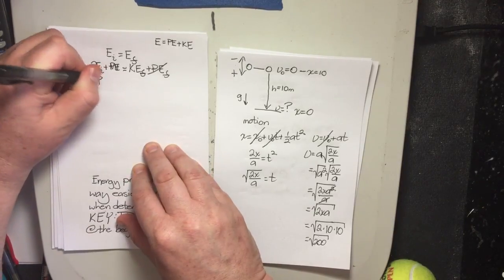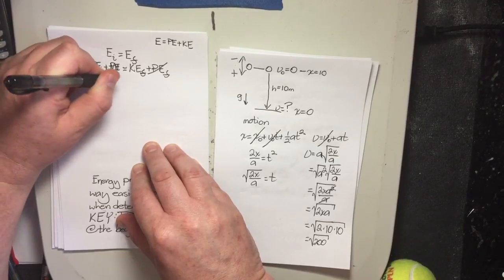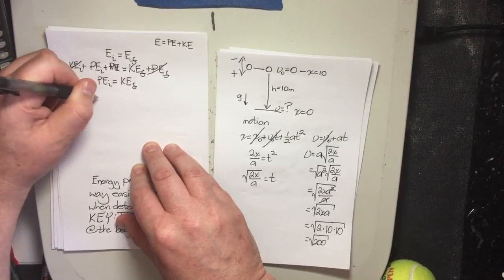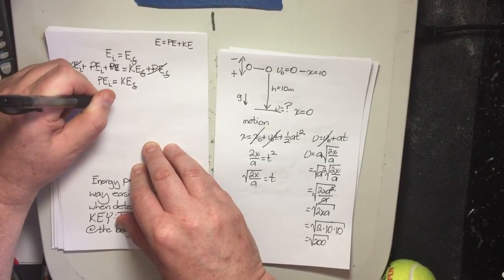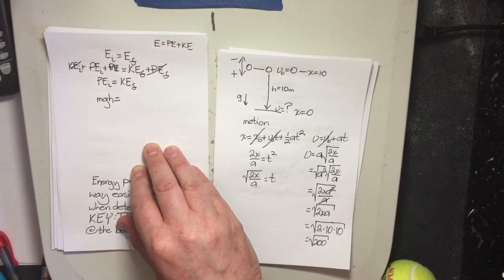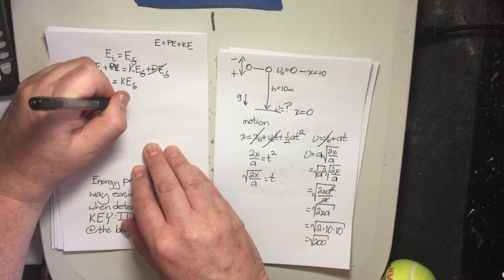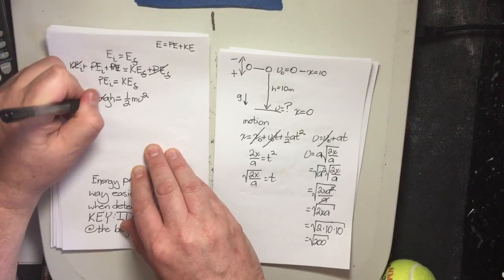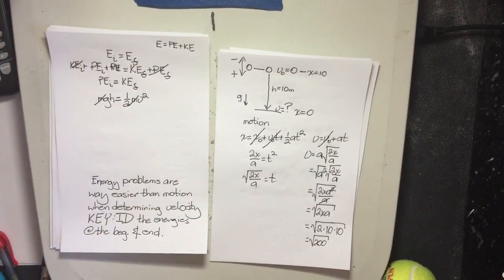So I'm left with potential energy initial is equal to kinetic energy final. Potential energy initial is just mgh. The kinetic energy final is 1/2 mv squared. My m's cancel. One of the things that you don't have to know in this particular type of problem is the mass of the object that's doing the motion.